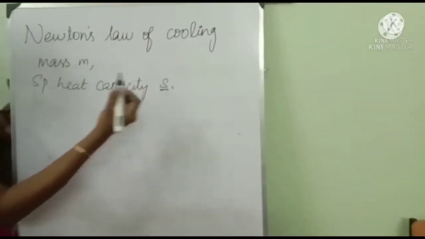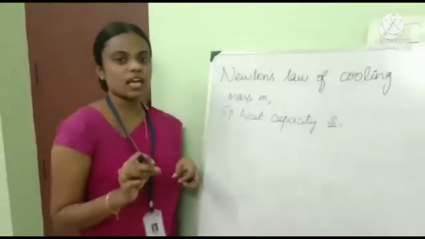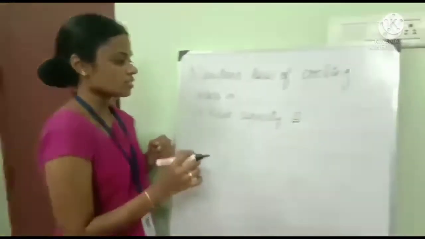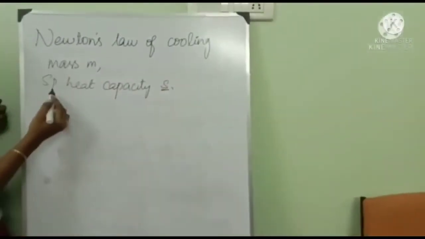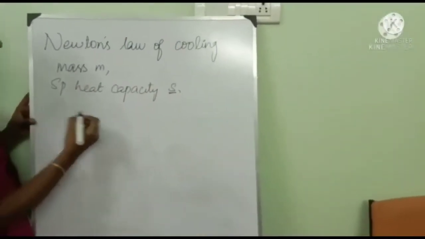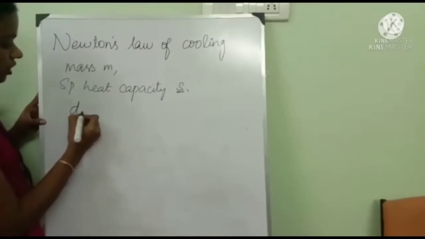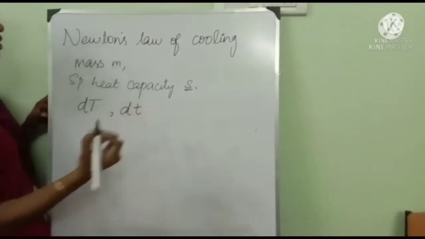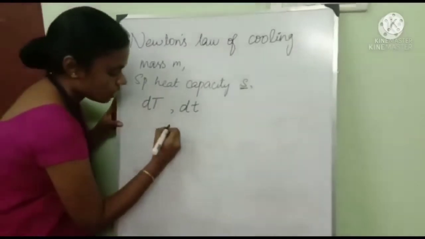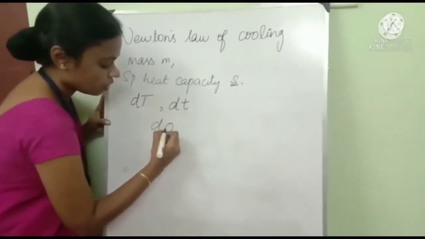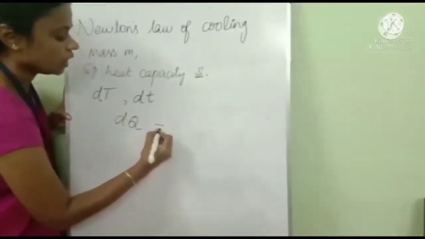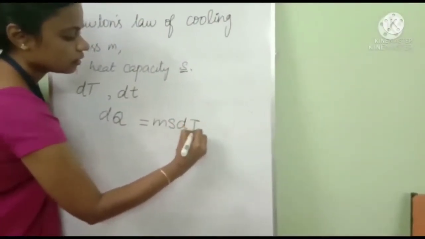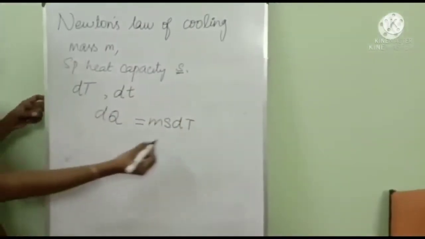Specific heat capacity means the amount of heat required to raise the temperature by 1 degree Celsius, for the time of 1 second. This is called specific heat capacity, and the change in temperature is dT, and the change in time we will take as dt. We can write the heat change or the heat transfer dQ equal to m s dT. This is the change in temperature.